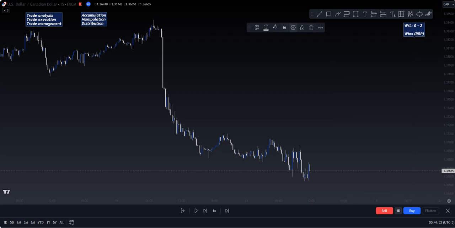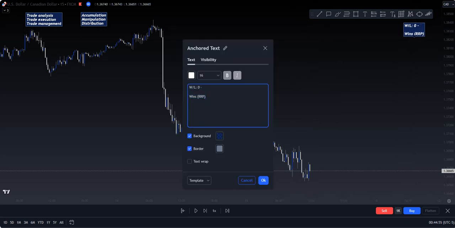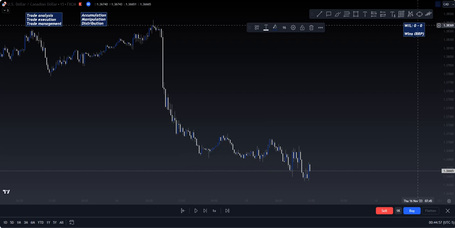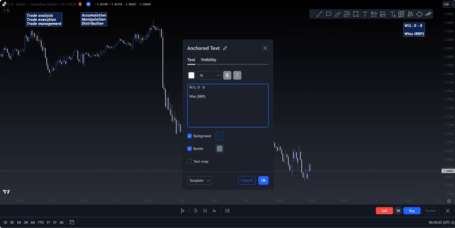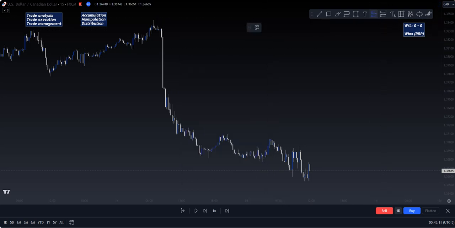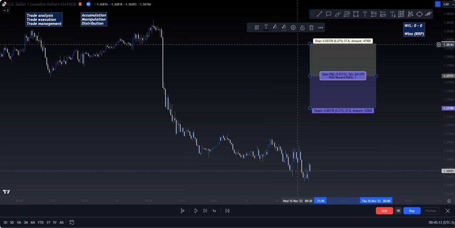I copied and pasted this from a different backtesting session. We have a win-loss record where we're 0-0, and then I have something here called RRP, which is basically your risk to reward points. Everybody should have a clearly defined RRP. This is a term that I made up myself.